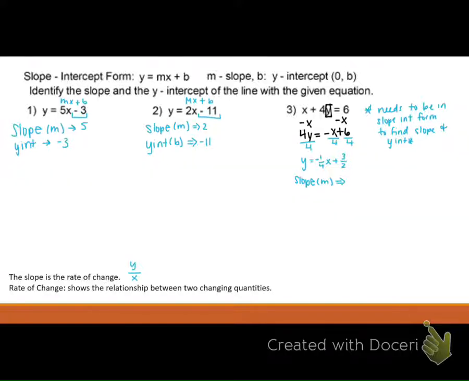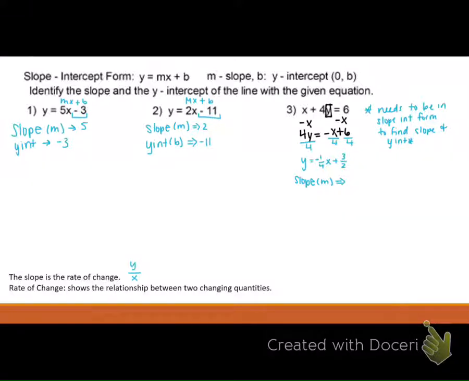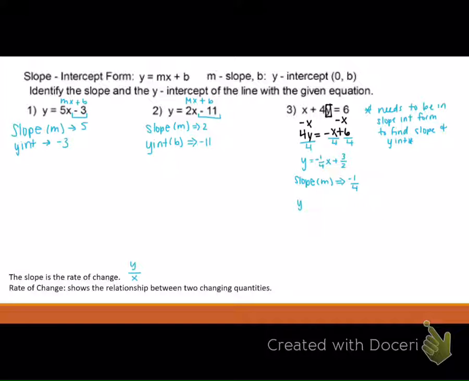So what is the slope in this one? Be careful. Look at this one. What's in front of the x? So -1/4. Guys, side conversations need to stop. Emma, what's the y-intercept? Good.